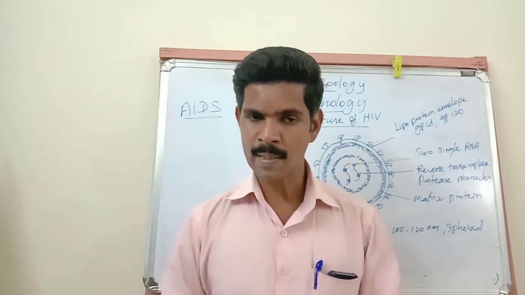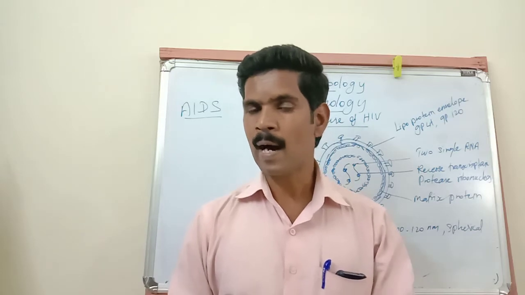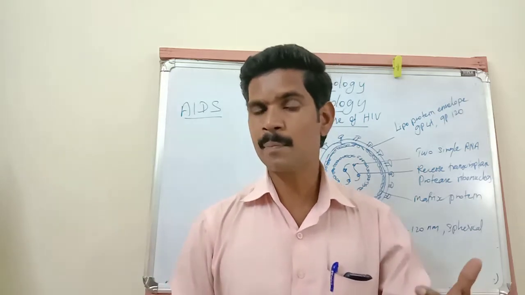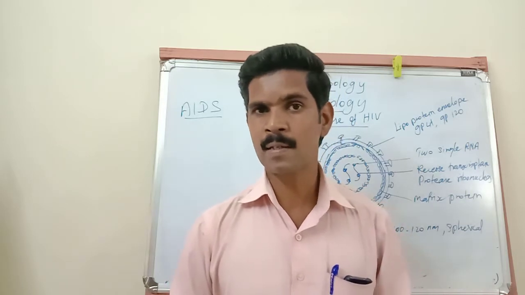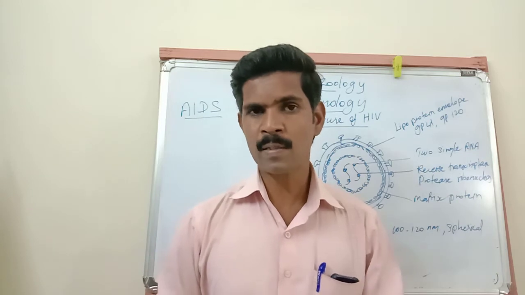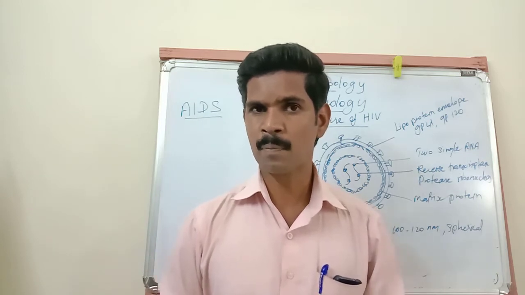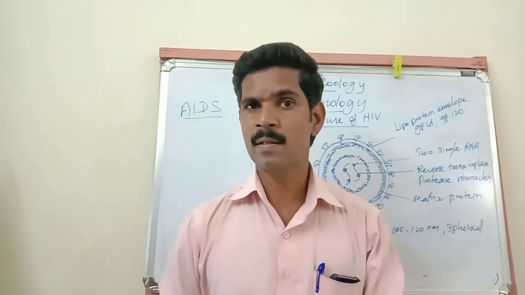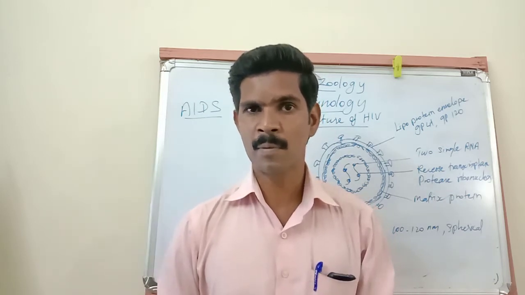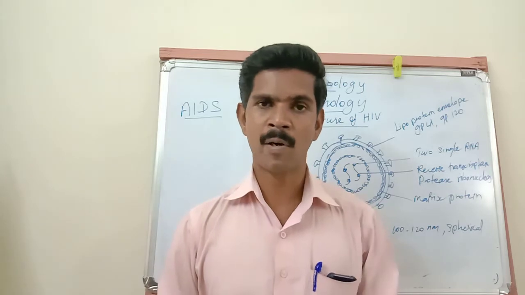Understand? This HIV virus infects and attacks the T helper cells, so the number of T helper cells is reduced. If T helper cells are not produced properly, the B cells are not stimulated, and if the B cells are not stimulated properly, it affects antibody production.